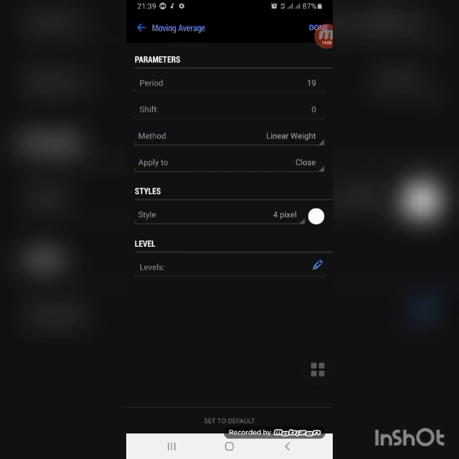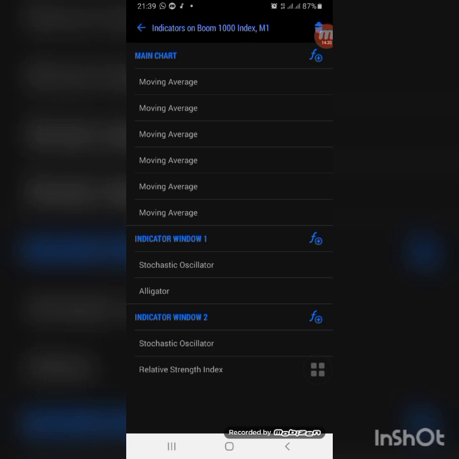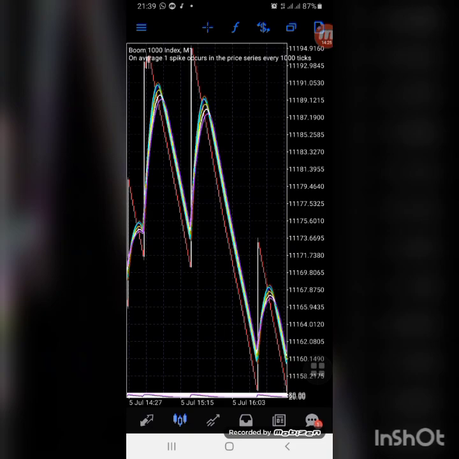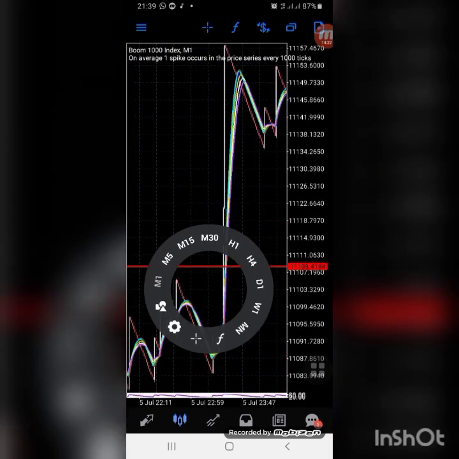I choose white here. The next one here we'll have period 21, shift is 0, method is linear weighted, apply to close, style. You can choose any color of your choice. All these have no levels, and if you have done that successfully, boom, you are good to go.